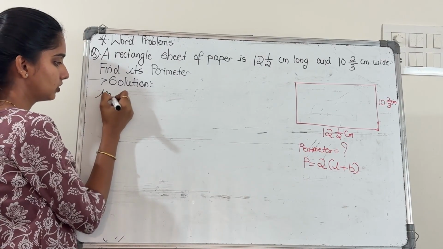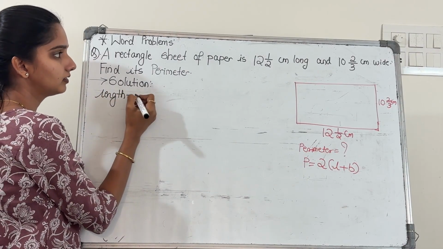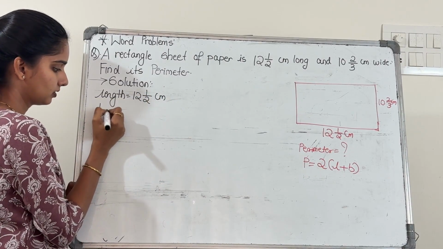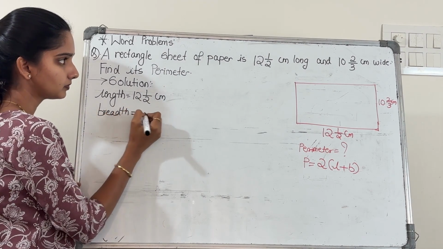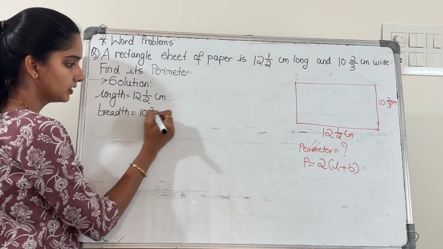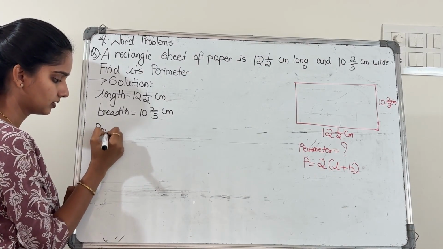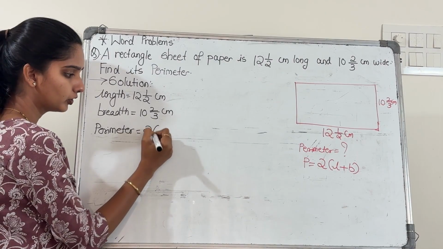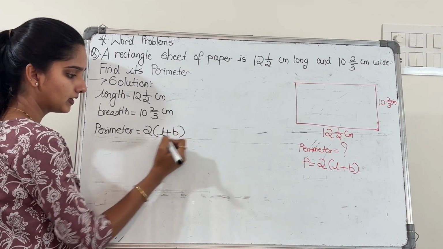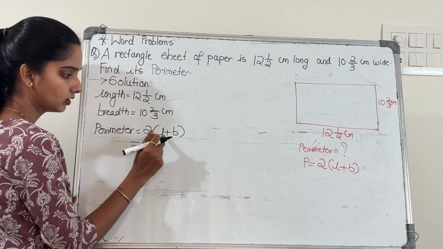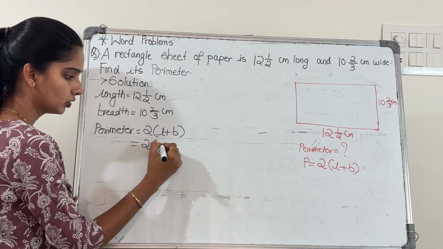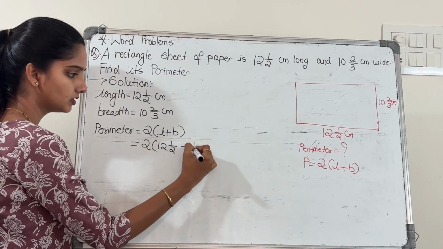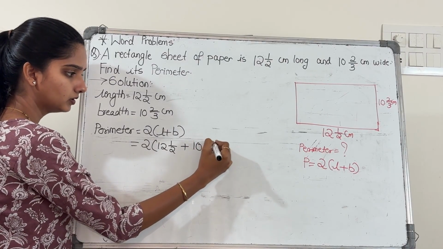Just mention in your solution that the length is 12.5 centimeter and the breadth is 10 2/3 centimeter, and I need to find the perimeter. So 2 into, my length is 12.5, plus will come as it is, and my breadth is 10 2/3.